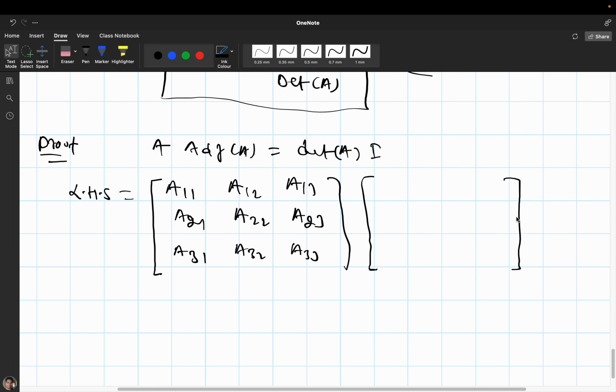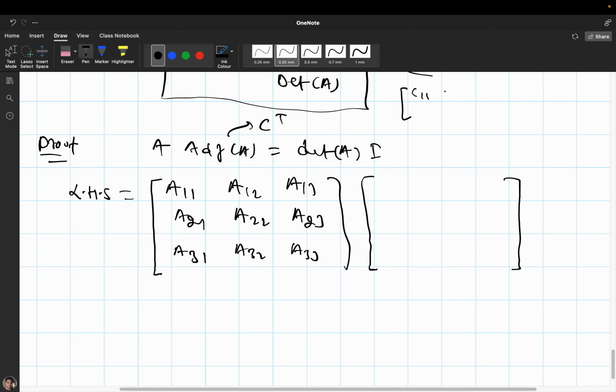What is adjoint of A? Adjoint of A is the transpose of the cofactor matrix. And the cofactor matrix is what?